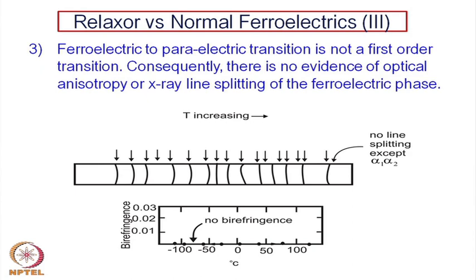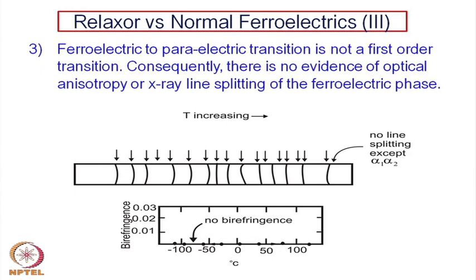But also there is another change or another deviation in the optical properties. Optical properties, there is quite a bit of birefringence, because there is a distinct crystallographic change. So, there is a lot of birefringence for the normal dielectrics, whereas here there is no birefringence.